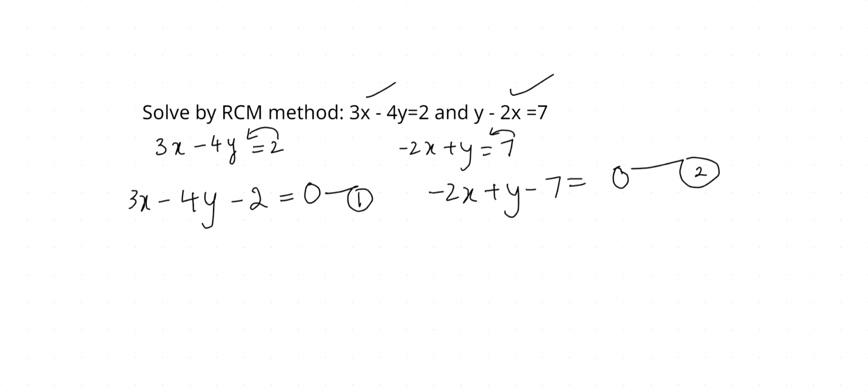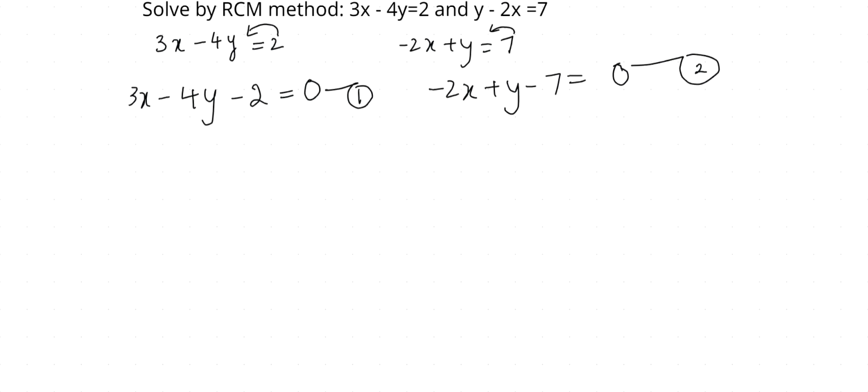Now, it's simple. You just write the coefficients neatly. I'll just change the color. 3, minus 4, minus 2. I've just written the coefficient of x, coefficient of y, and then the constant term of equation 1.